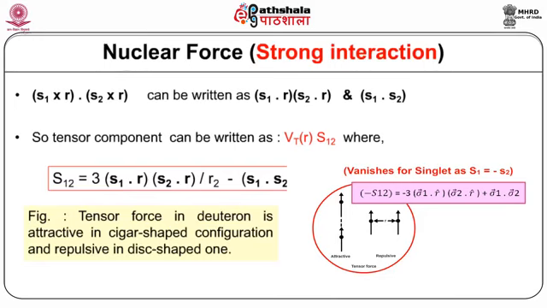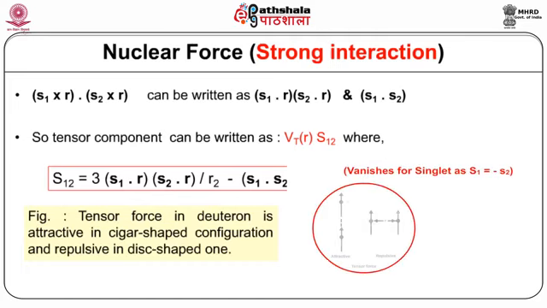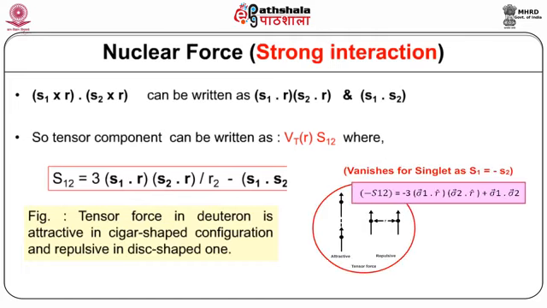Here we can see that the tensor force is represented. The tensor force in deuteron is attractive in the cigar shaped configuration and repulsive in the disc shaped one. There are two possibilities in deuteron for the spin of the proton and the spin of the neutron: one is called cigar shaped, another is called disc shaped.